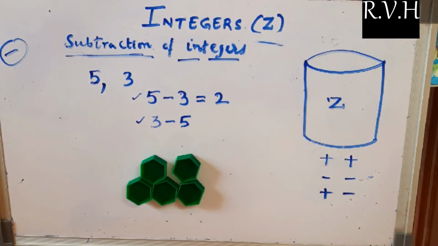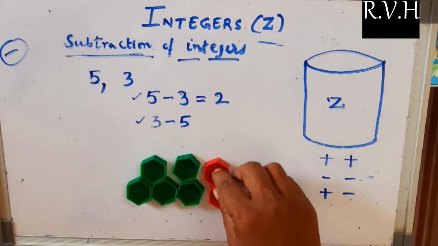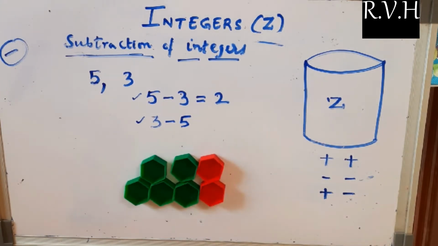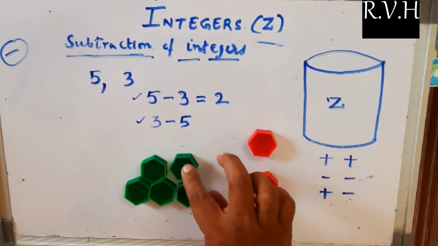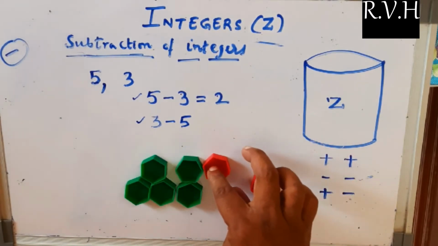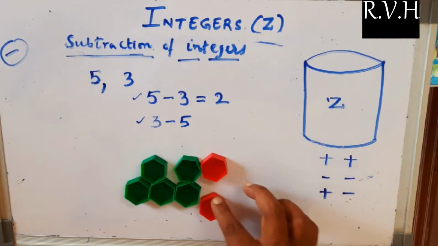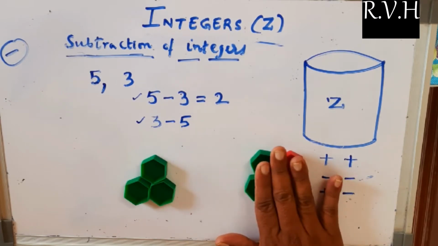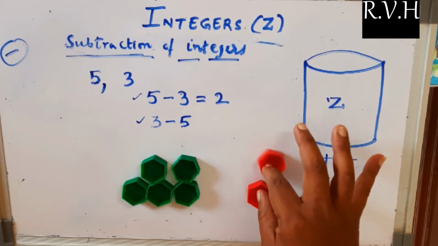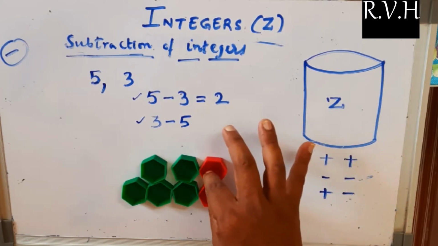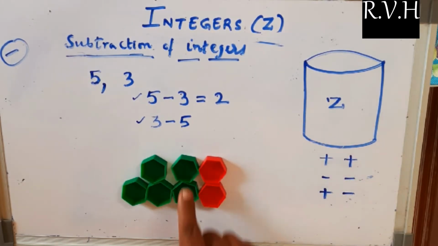To nullify them, to neutralize them, I am going to introduce 2 red ones. Isn't it? Both make 0. So I introduced 2 green ones to make it neutral, and I am introducing red ones to make them zeros. Anyway, I am going to have 3 only. I introduced 2 green ones, and to erase them I introduced 2 red ones.